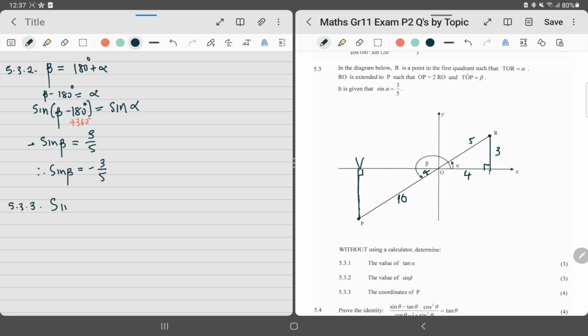So remember that sine of 180 degrees plus beta, you remember from here, should be equal to 3 over 5, because this is going to be negative sine beta.